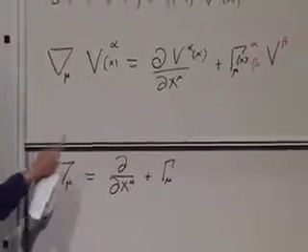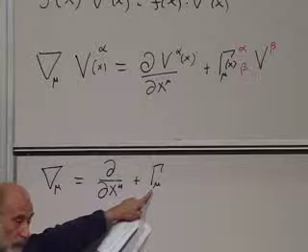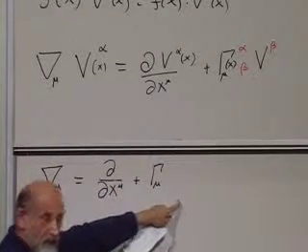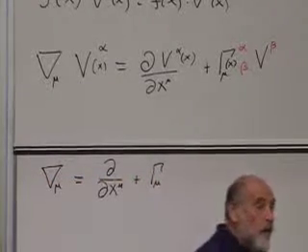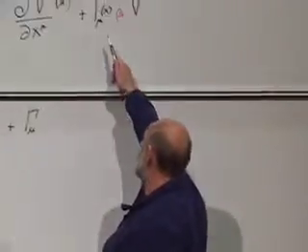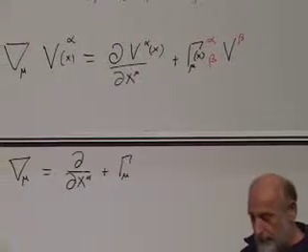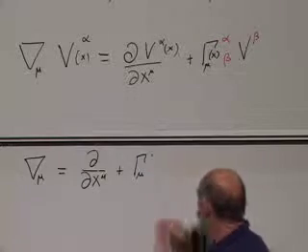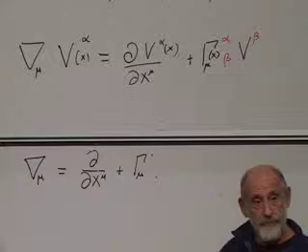When it applies to a vector, you differentiate the vector, and then you add to it the matrix gamma mu applied to the vector. This gamma mu here is a set of 4 matrices. It's exactly this set of 4 matrices over here, but I've just called it gamma mu, and you keep in mind that there are really 2 hidden indices here, which are acting as matrix indices which act on the vector.